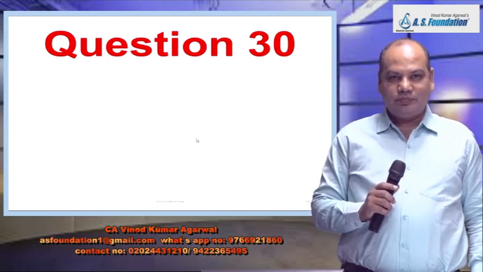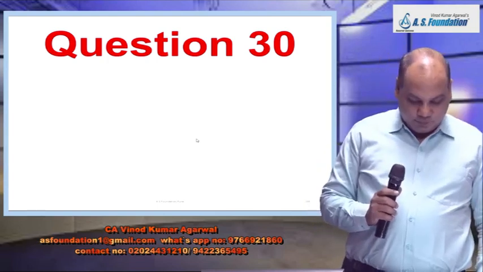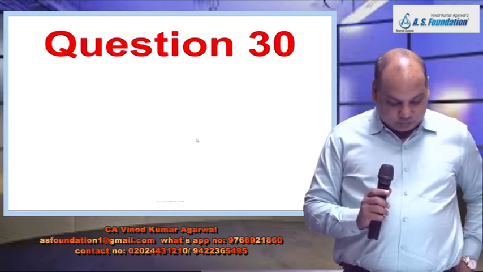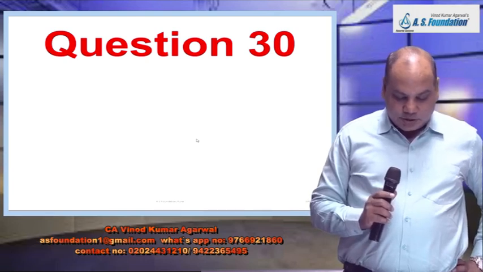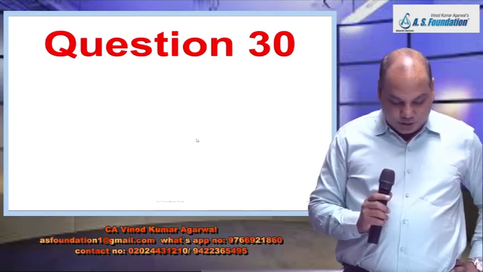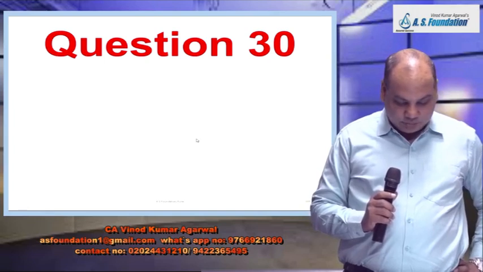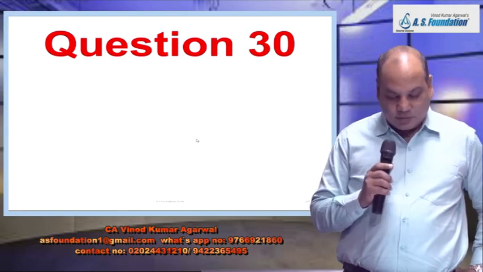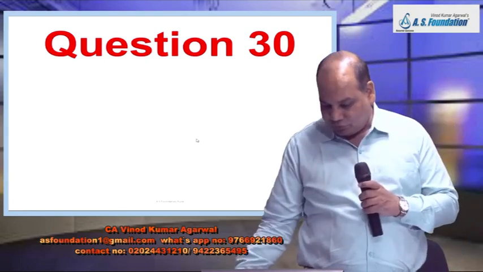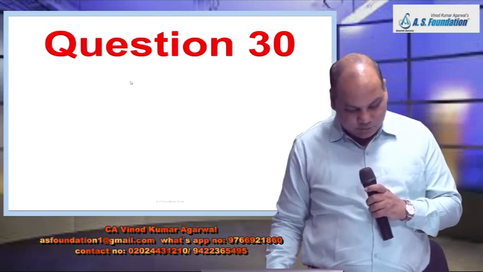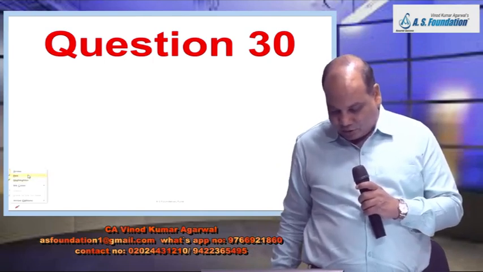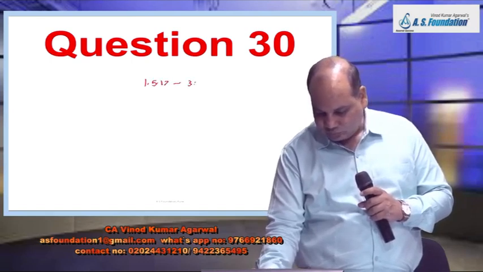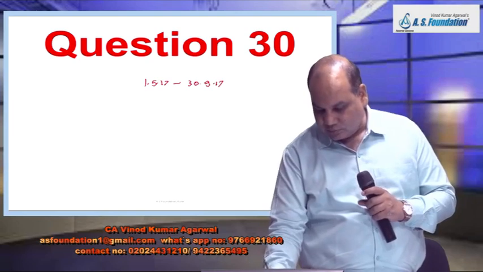Question number 30. On 1st May 17, K bought 60% of S, paying rupees 76,000 in cash. The summarized SOFP of two company on 30th November 17. So between 1st May 17 and 30th November 17, how many months?